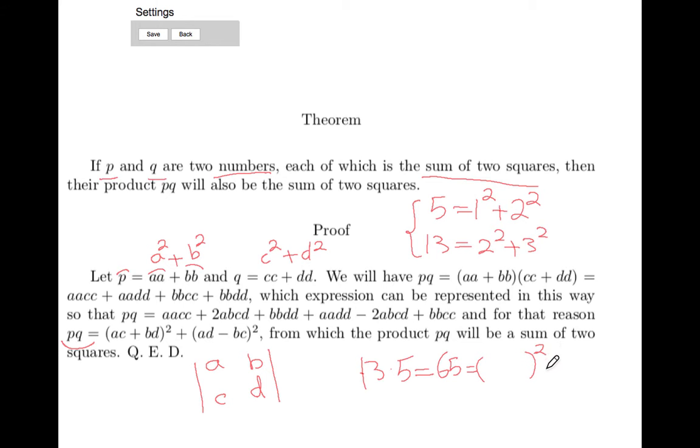What are the squares? Okay, you can pause and think about that, and then see what I write here. The answer, writing this matrix, would be: we have 1, 2, and 2, 3.